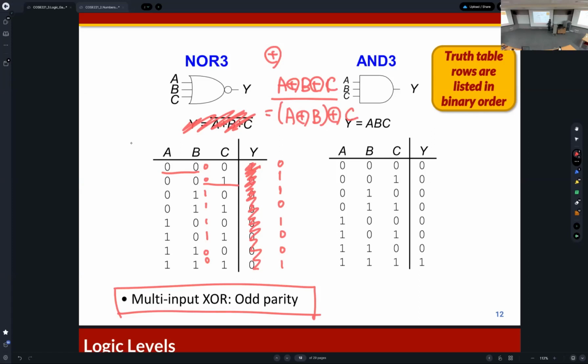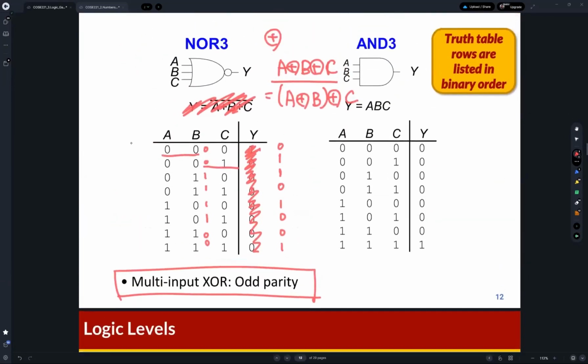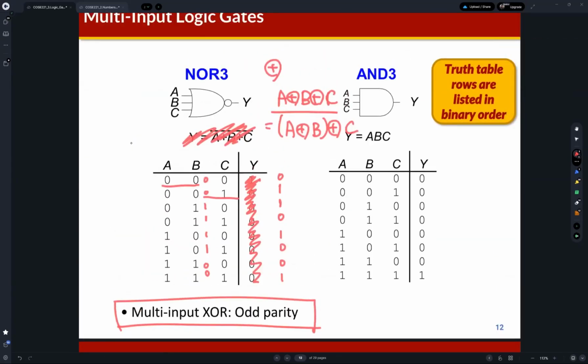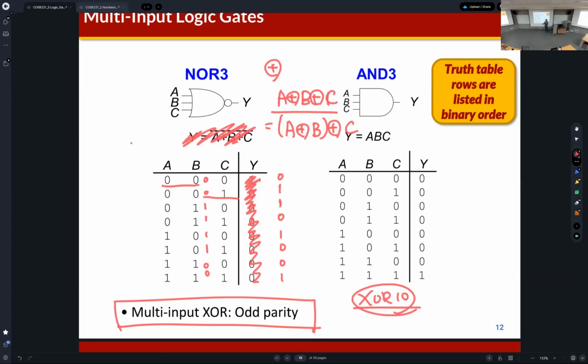What does that mean? Actually, exclusive OR just counts the number of ones. For example, we have a 10-input exclusive OR. This means that this exclusive OR receives 10 bits.